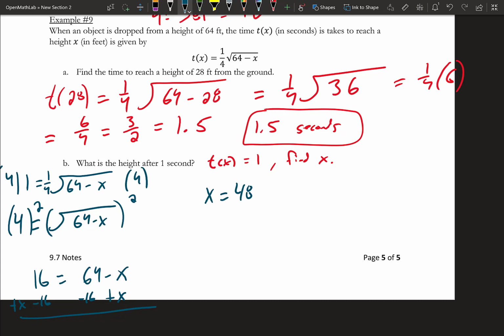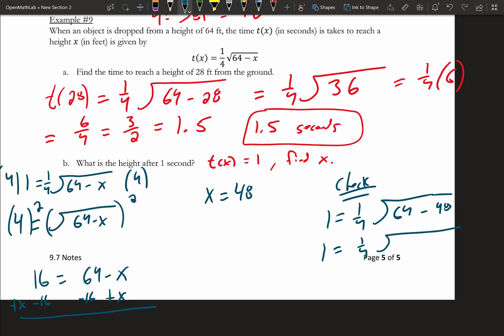Since I squared, it's possible that's extraneous, so I need to check that. My original equation was 1 equals 1/4 times the square root of 64 minus x. The x value I'm plugging in is 48, so I can just write 48 here. Then I would have 1 equals 1/4 times the square root of 64 minus 48. 64 minus 48 is not 36, it's 16.